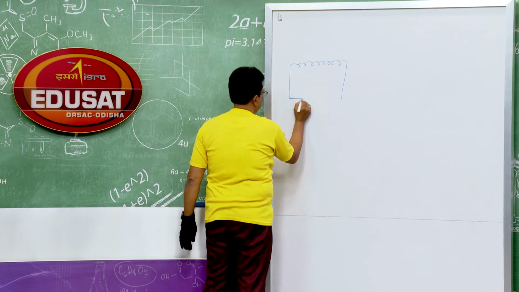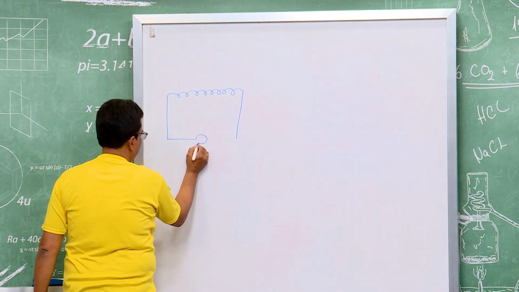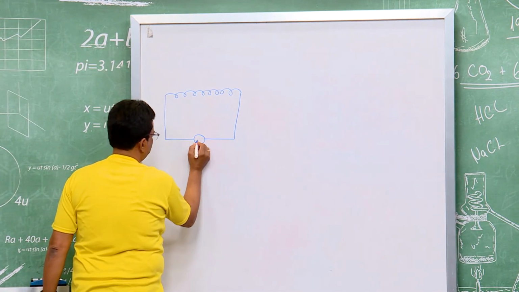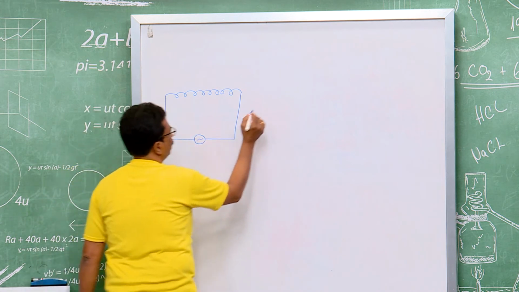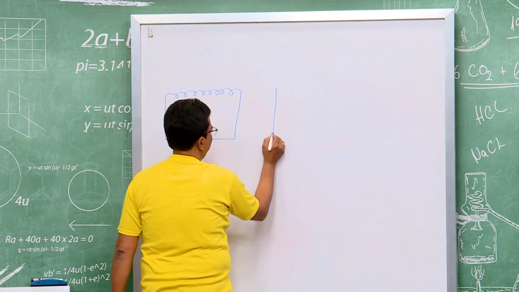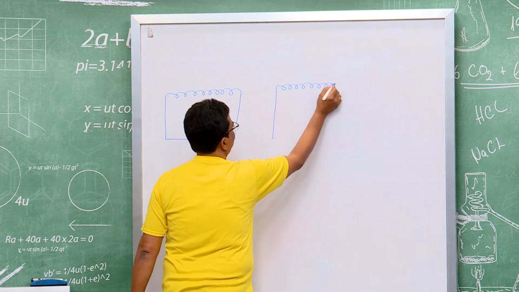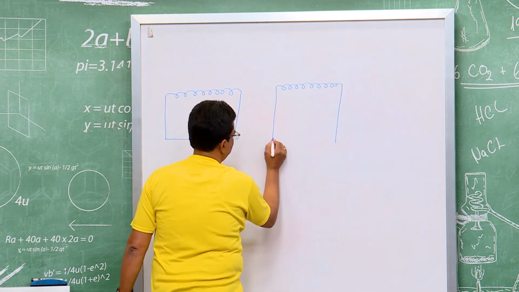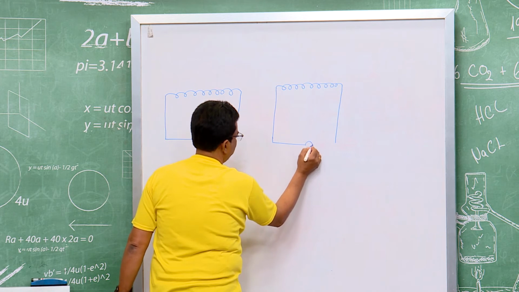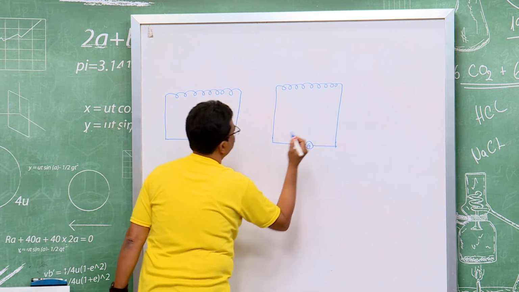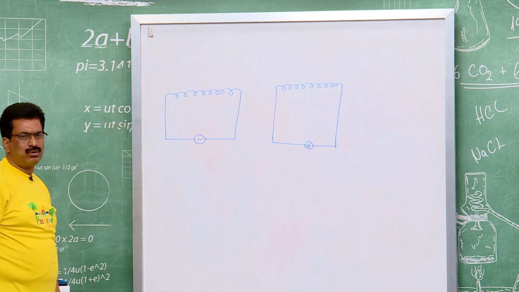So you have to take two coils. This is one coil, connected with the source of alternating current. This is the second coil, connected with a galvanometer. So there are two coils.